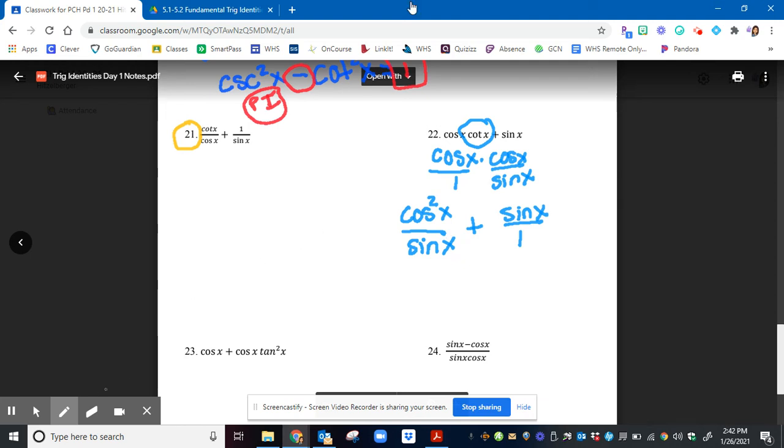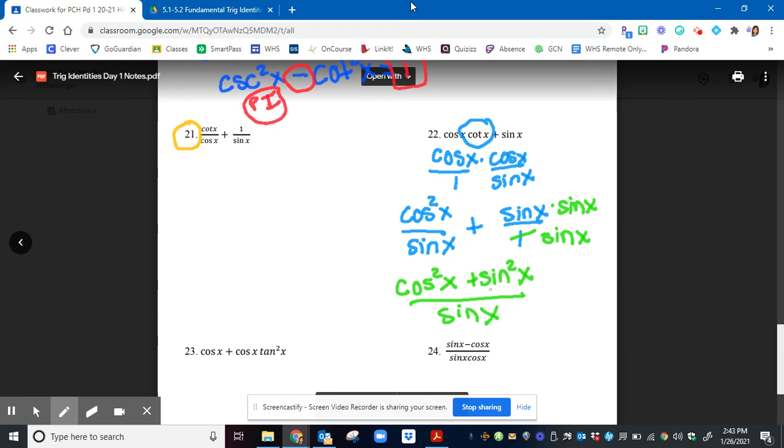But what I can do is think about it and say, I need a common denominator, and my common denominator is going to be sine. So I multiply the bottom by sine and I multiply the top by sine. Now I have cosine squared plus sine squared all over sine. Now don't get cancellation happy.